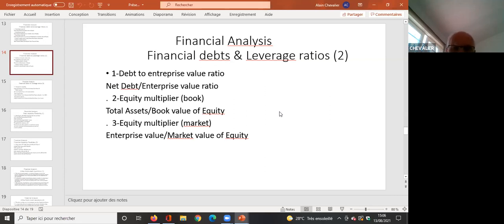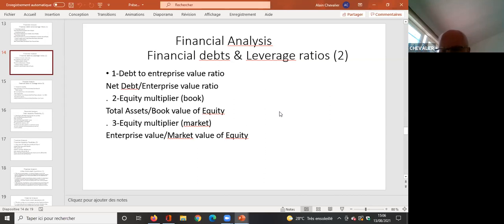The first one is the debt to enterprise value ratio: net debt divided by the enterprise value. You find an equity multiplier in book value, total assets divided by book value of equity. And you find an equity multiplier on market value, enterprise value divided by the market value of equity.